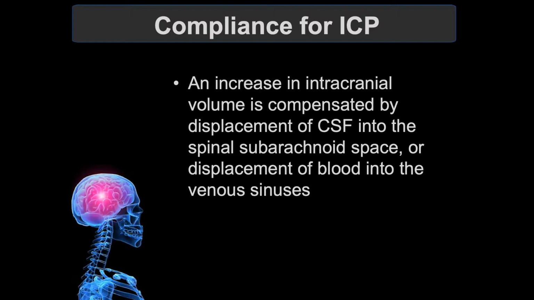However, as ICP increases, cerebral perfusion decreases, leading to tissue hypoxia, a decrease in serum pH level, and an increase in the level of carbon dioxide. This process causes cerebral vasodilation, edema, and a further increase in ICP. If the condition remains untreated, the brain may herniate downward toward the brainstem, causing irreversible brain damage and possibly death.